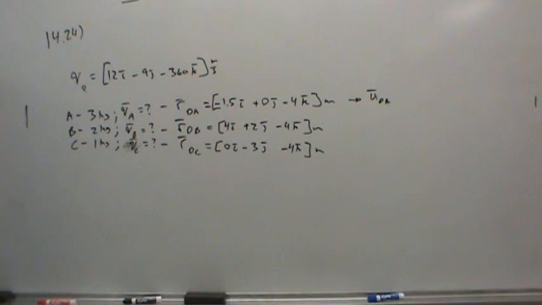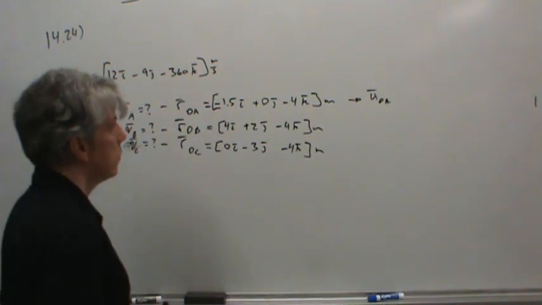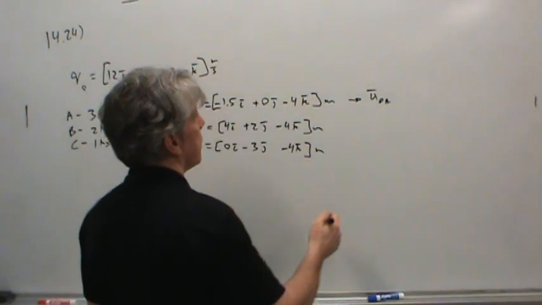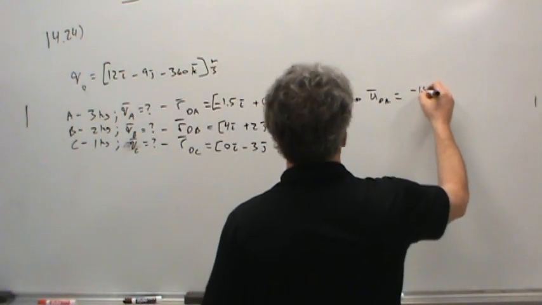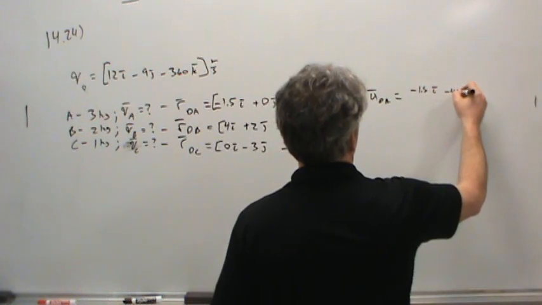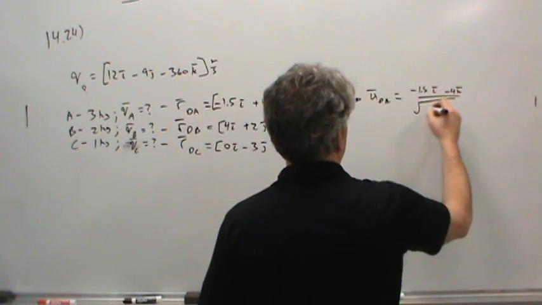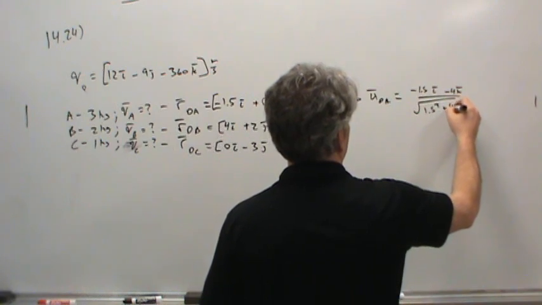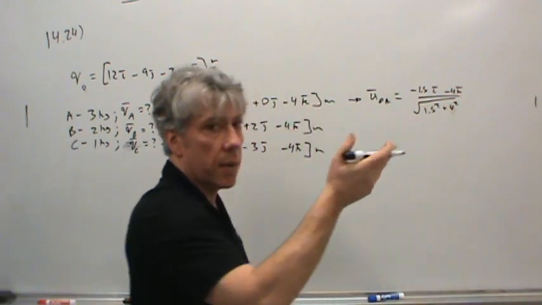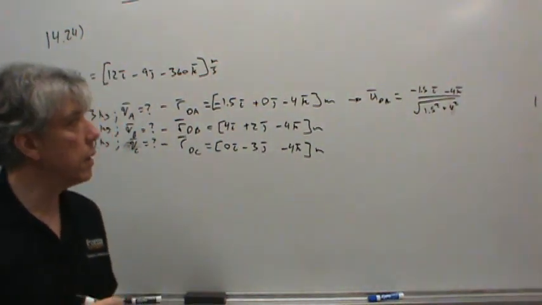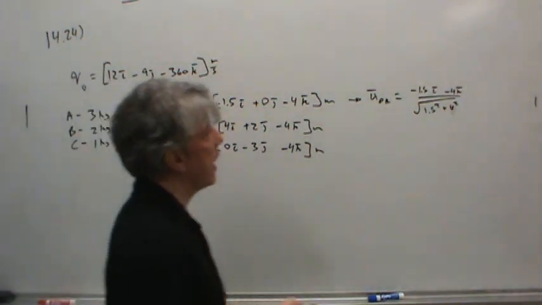You have to take the sum of the squares, the square root, and then you divide by the individual components. Exactly. So what we're going to have to do is take negative 1.5i minus 4k divided by root 1.5 squared plus 4 squared. And of course, notice I didn't bother writing the negative sign because it's just going to cancel. So if you guys wouldn't mind, help me out here.